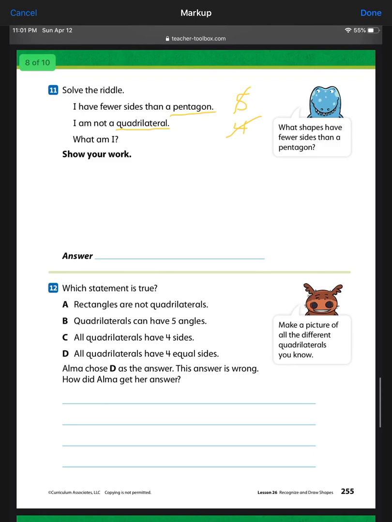A pentagon has 5 sides. This shape has either 3 or 4. It is not a quadrilateral, so it has to have 3 sides. So the shape is a triangle.